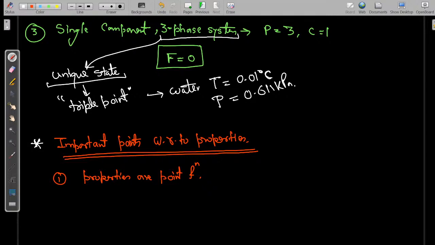For example, if I am drawing a PV diagram, pressure and volume. Let us say the initial state was this. The system was initially at this pressure and this volume, and the final pressure and volume is this.